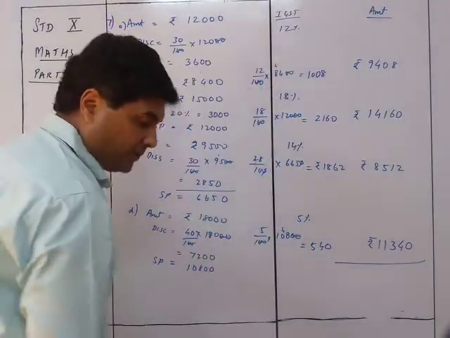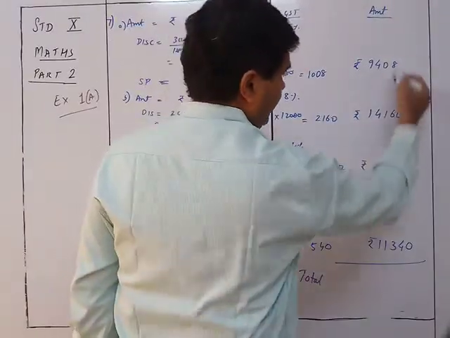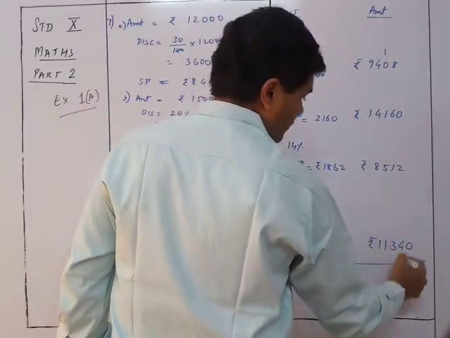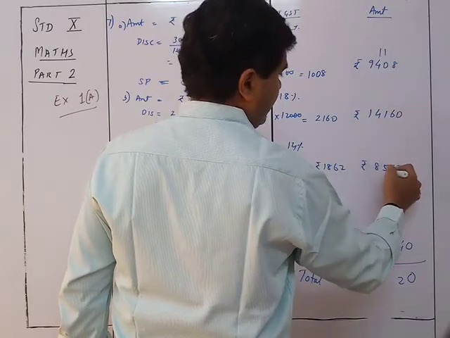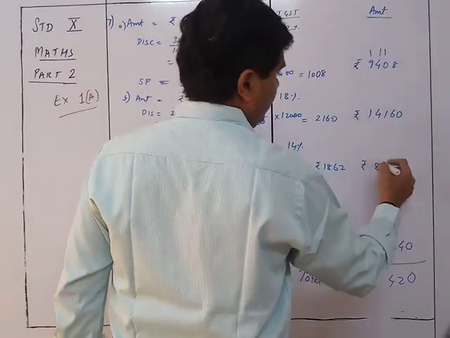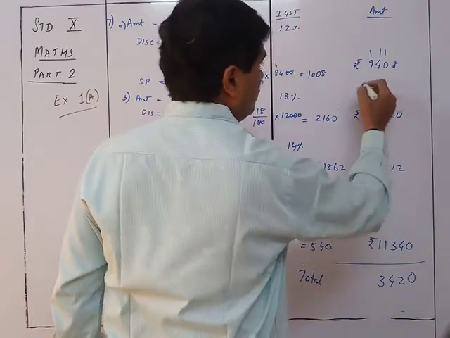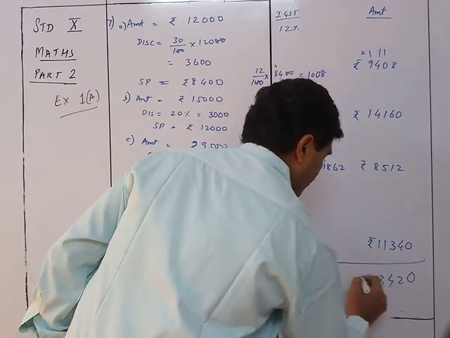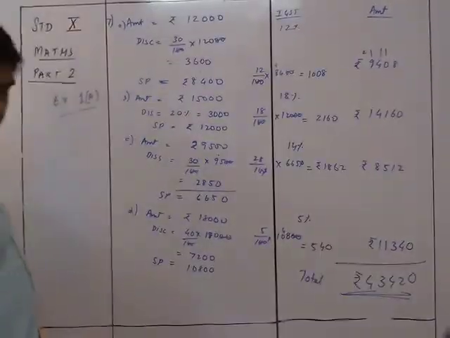So this is the amount. Accordingly, the final bill amount, so total, that is inclusive of all taxes and everything. Adding up all the amounts, the total bill amount is 43,420.